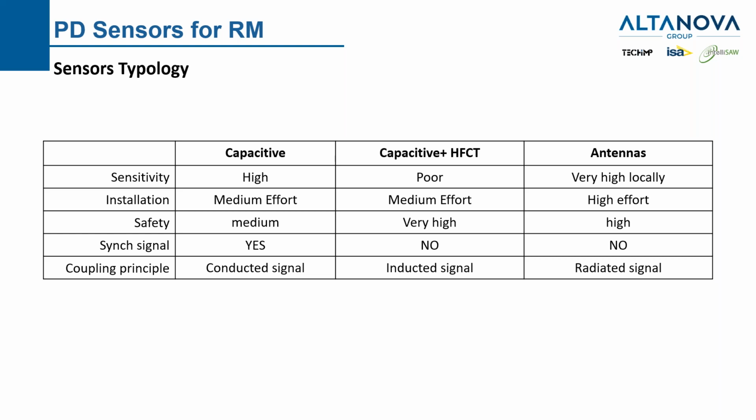This signal is made available with the capacitive couplers, but we don't have such a signal when we have a sensor with the capacitive coupler plus an HFCT or antennas. The coupling principle is a conducted signal for capacitive sensor, inducted signal for capacitive sensor with a high frequency current transformer, and radiated signal with antennas.